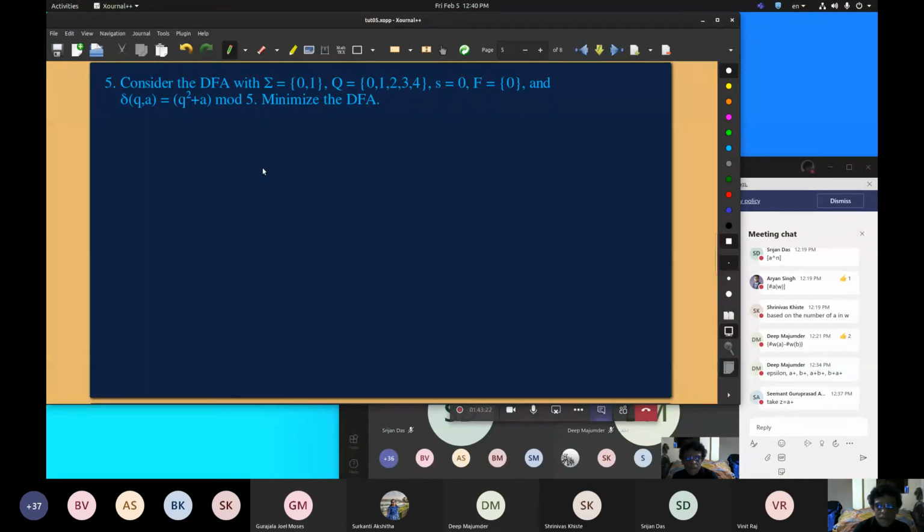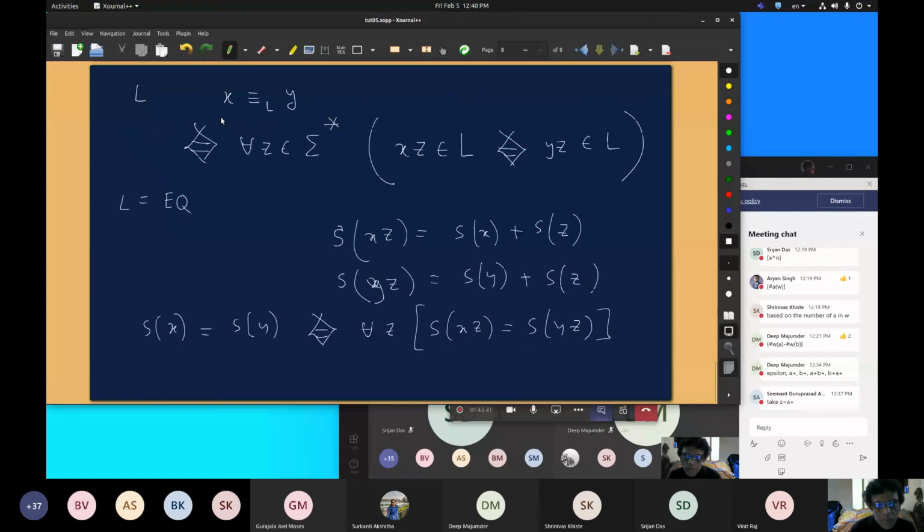What do you think? Shall I solve it or you do it yourself? Of course, there are other examples. This is just an explicit example. You just draw the DFA and run that minimization algorithm. I'm not doing it now because it's already 12:40.